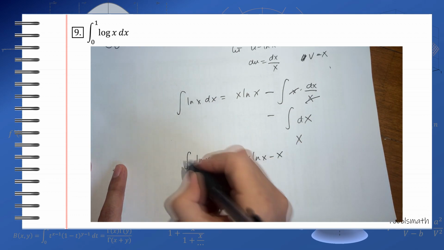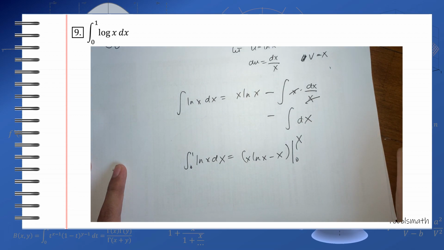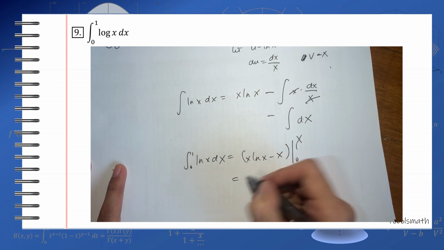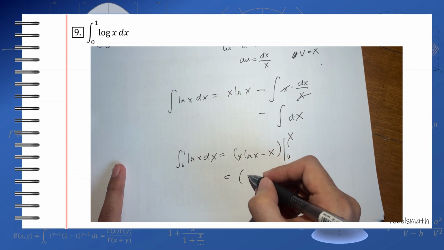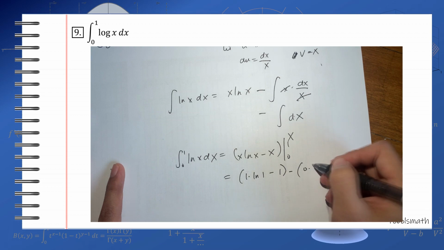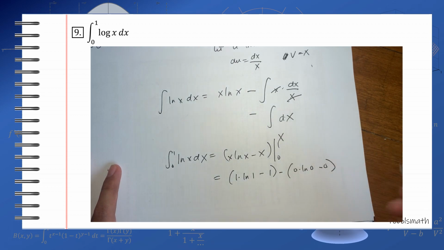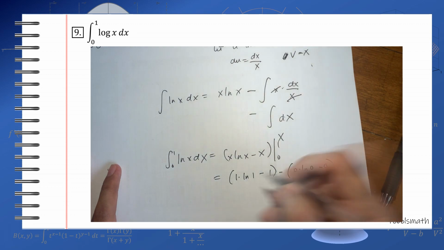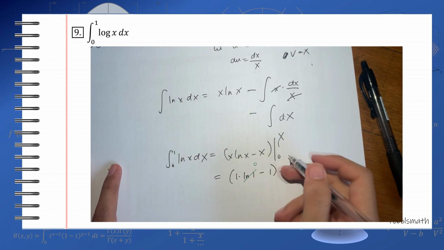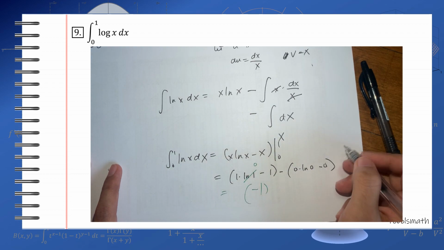So if we evaluate this from 0 to 1, it's equal to 1 times ln 1 minus 1, minus 0 times ln 0 minus 0. This should give you, ln 1 is 0, so 1 times 0 minus 1 is equal to negative 1, and then this one is 0.